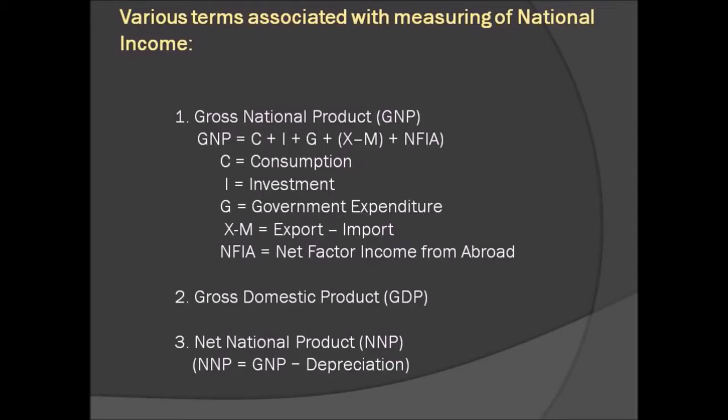So, therefore, the depreciation is the money value of an asset which decreases over time due to usage. Therefore, we finally arrive at calculating the net national product by deducting the value of depreciation from the gross national product. Therefore, the formula to calculate net national product is equal to GNP minus depreciation.